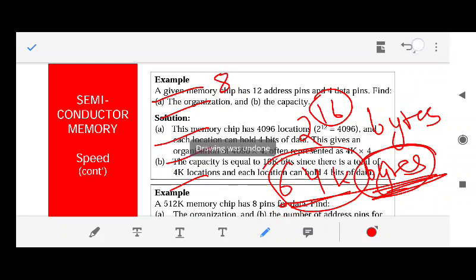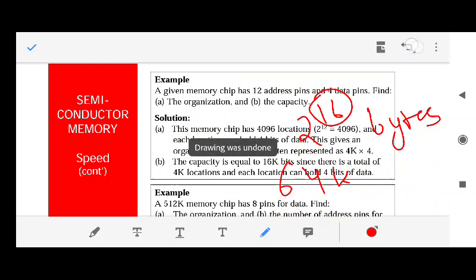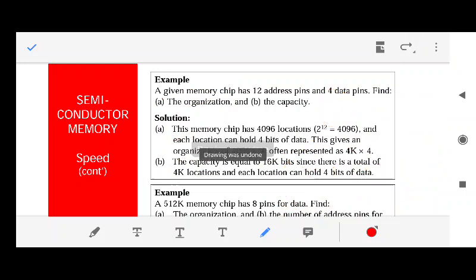But now when I am using external memory, it can have any size. It can be of width 4 bit, it can be of width 8 bit, it can be of width 16 bit also. That's why when we are defining the external memory, for example this external memory, I will write it like this: 2 to the power 12 multiplied by 4. And what?